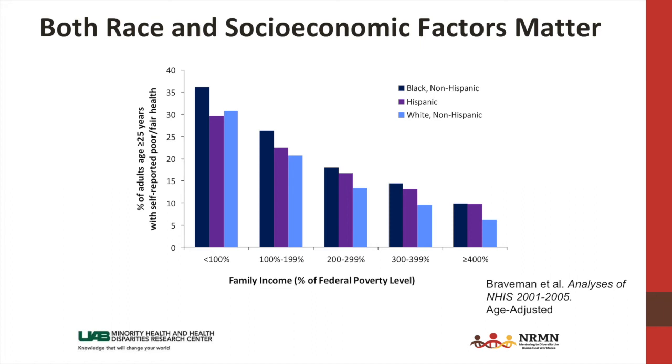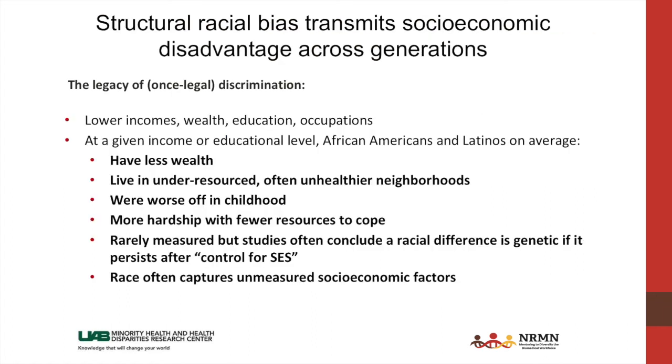The same for Hispanics, but whites have a higher level of income. So you can see that there is some structural racial bias that transmits socioeconomic disadvantage across generations, and that's what we call the legacy of discrimination.